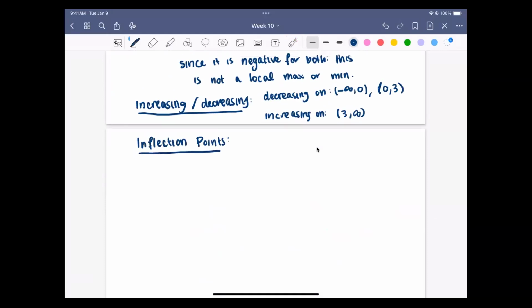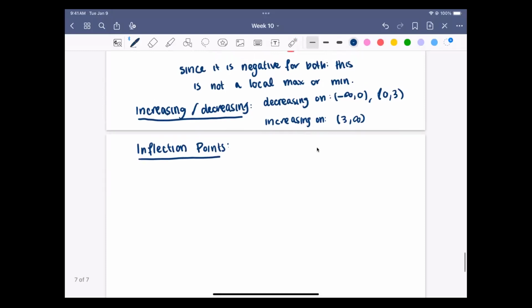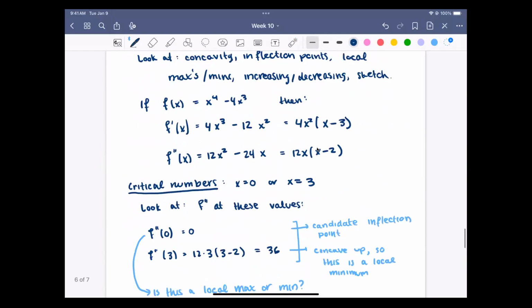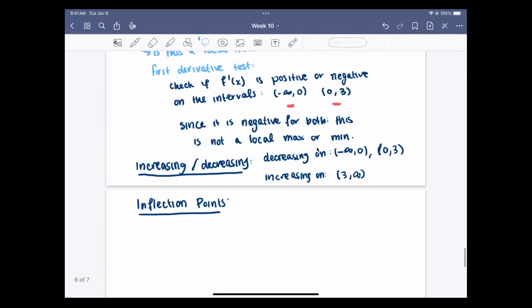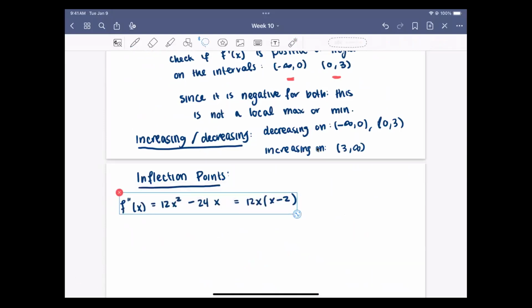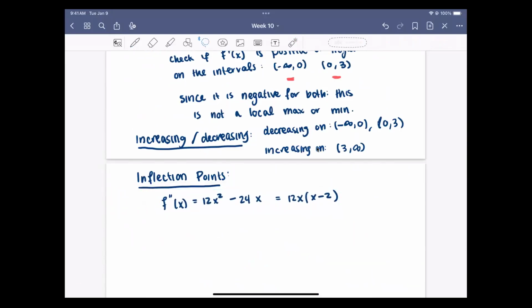Okay, so how do I find the inflection points? Where the second derivative is equal to 0. So let's go, I'm just gonna copy this. These are our inflection point candidates.